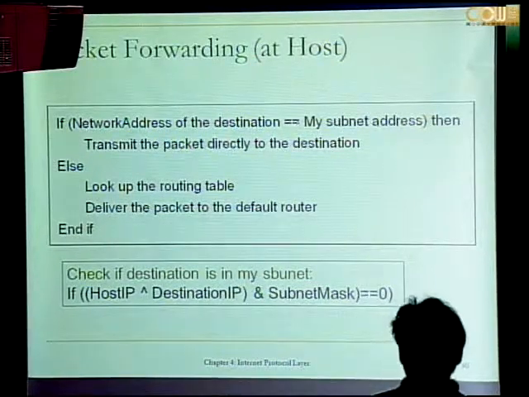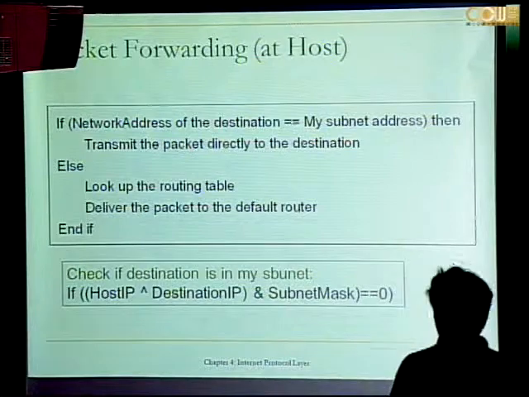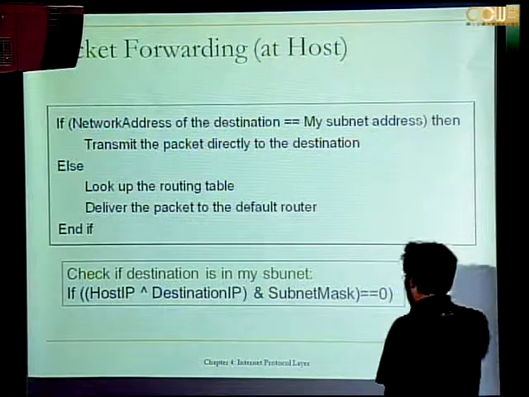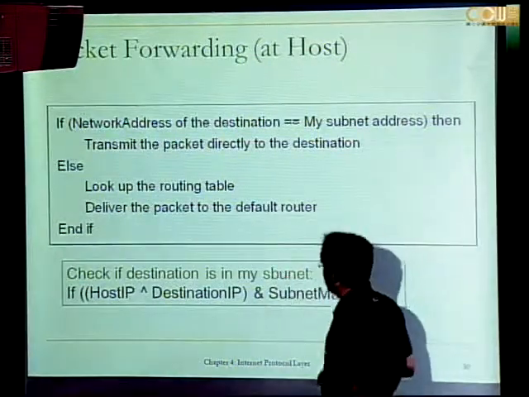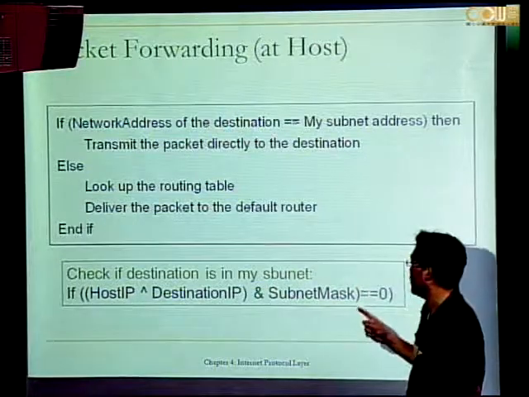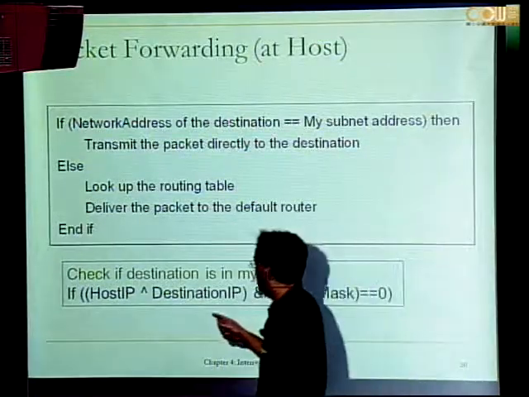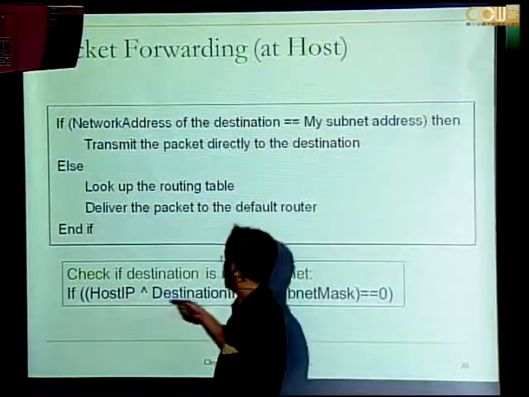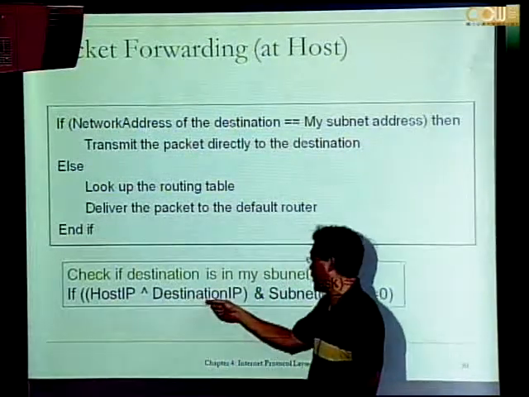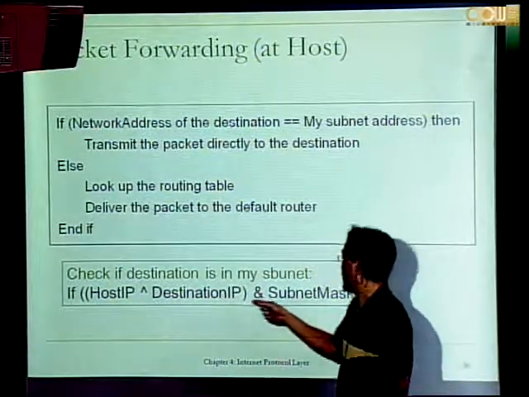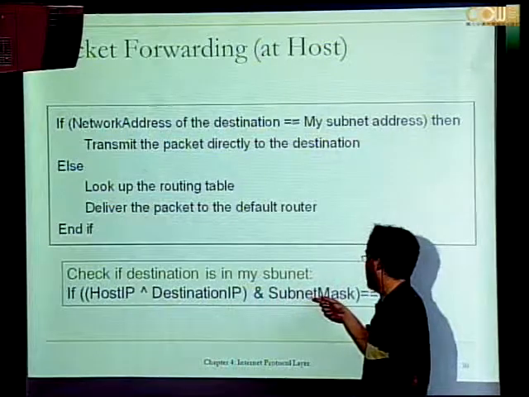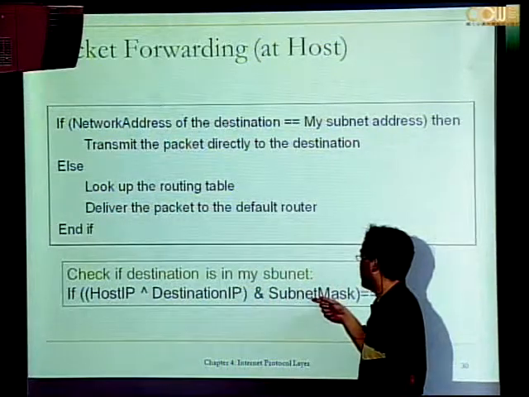However, in order to check whether the destination is in my subnet, what we want to do is this. We take the destination address of the packet and AND it with my subnet mask.